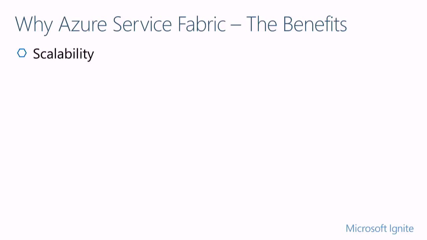Now we know what Service Fabric is. Let's take a look at why we should use Microsoft Azure Service Fabric. The obvious advantage that it offers is scalability. You can scale your microservices deployed on Service Fabric to the nth level. Then state maintenance.